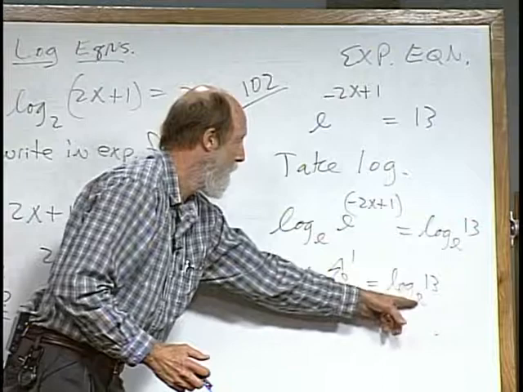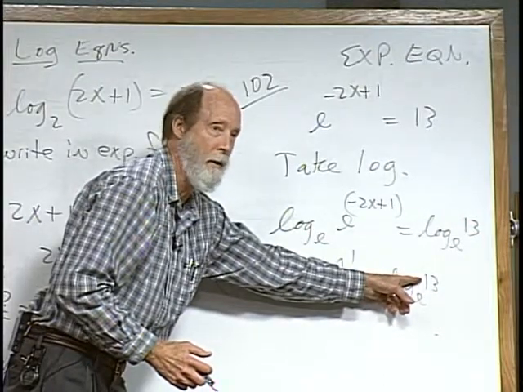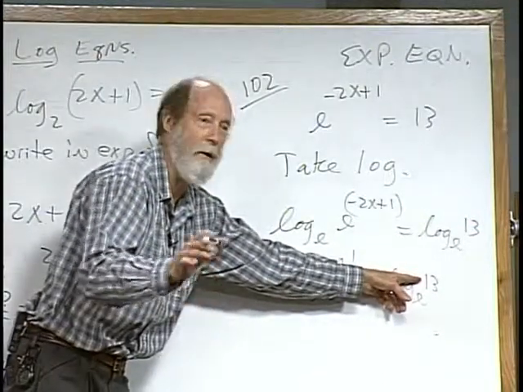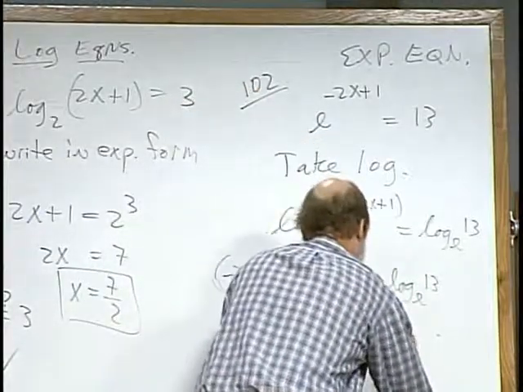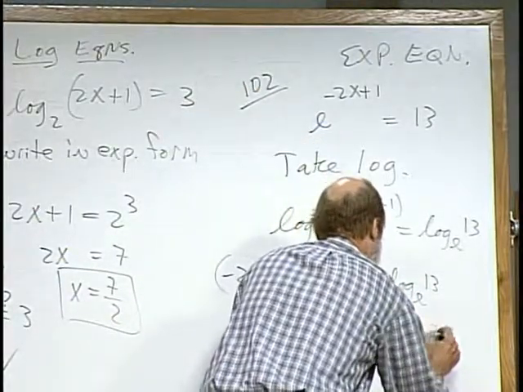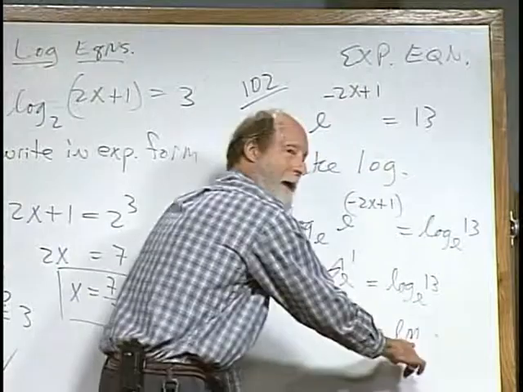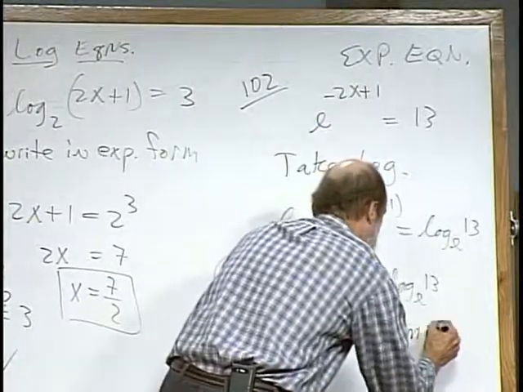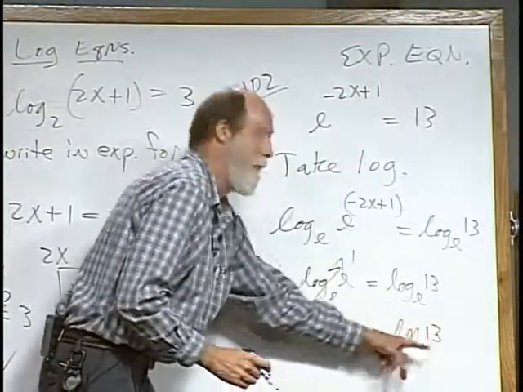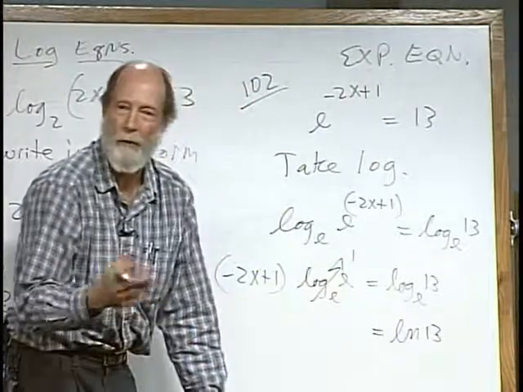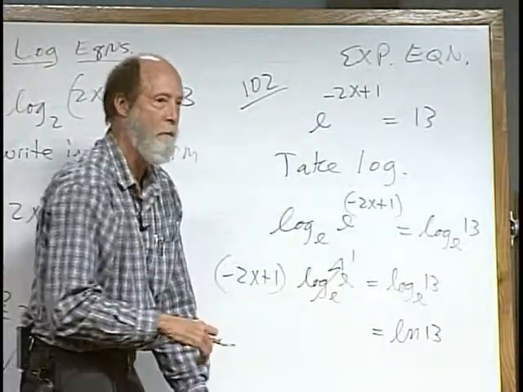Now, log base e of 13 is just a number. It's the exponent of e that gives you 13. And it's available on your calculator. The symbolism for log base e is abbreviated ln, meaning natural logarithm. So we want the natural log of 13. You can punch it on your calculator, and you're going to get a number a little bigger than 2, less than 3.